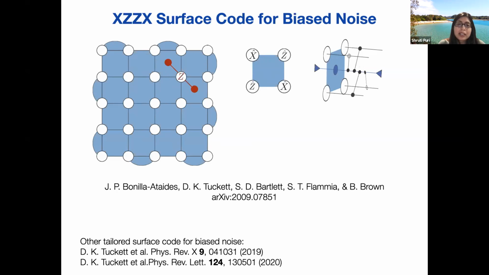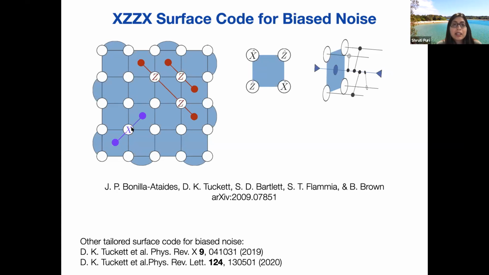Now, if you look at how the error syndrome changes with Z errors, you'll see that Z errors give you syndromes along the diagonals. So one Z error is going to give you this syndrome, and then 2 Z errors are going to give you these syndromes. And if you had an X error, then it's going to give you the syndrome along the other diagonal.